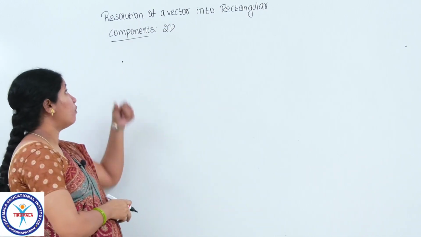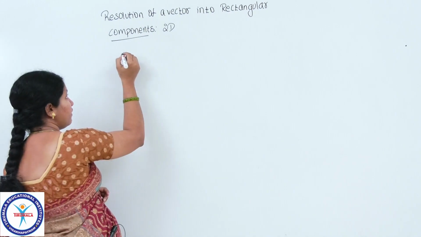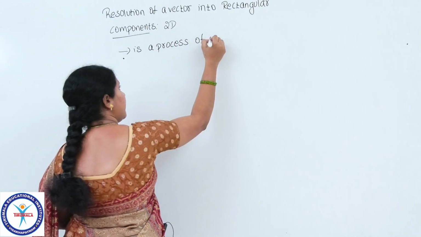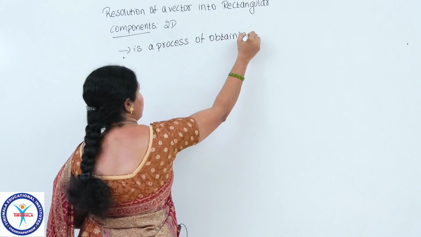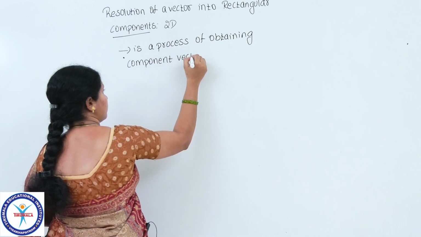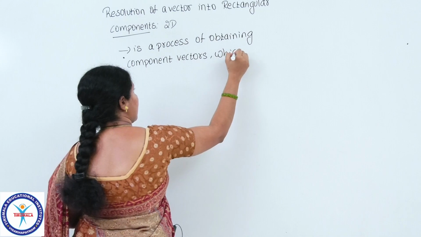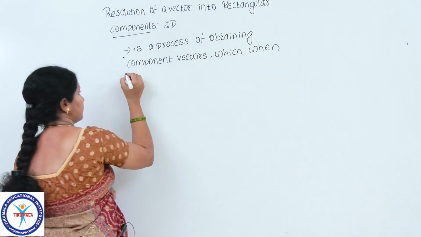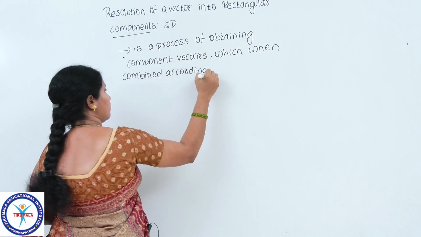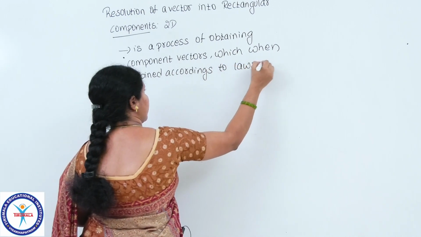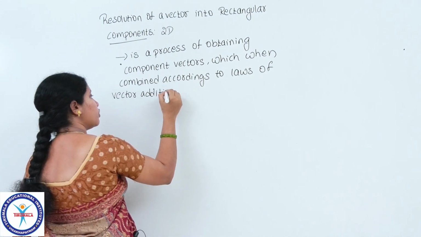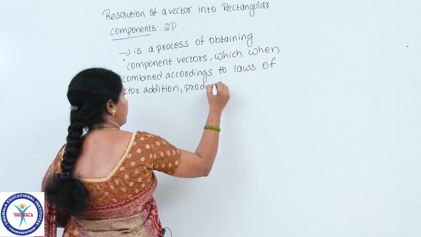So, first let us define what is resolution of a vector. Resolution of a vector is a process of obtaining component vectors which when combined according to laws of vector addition produce the same vector.